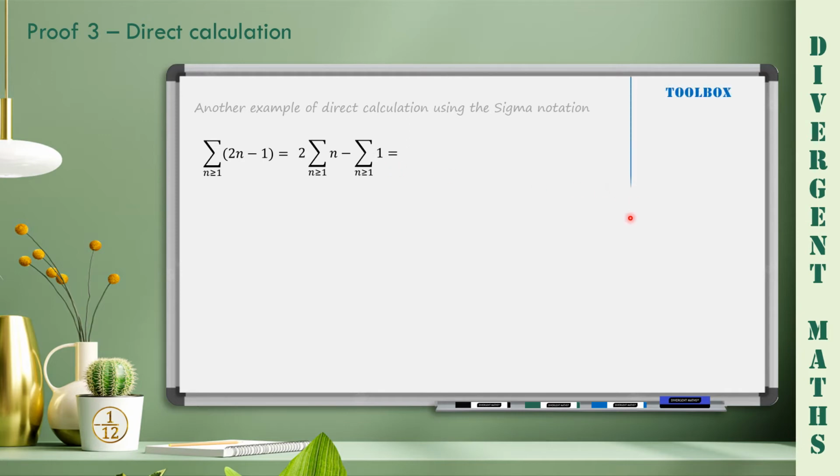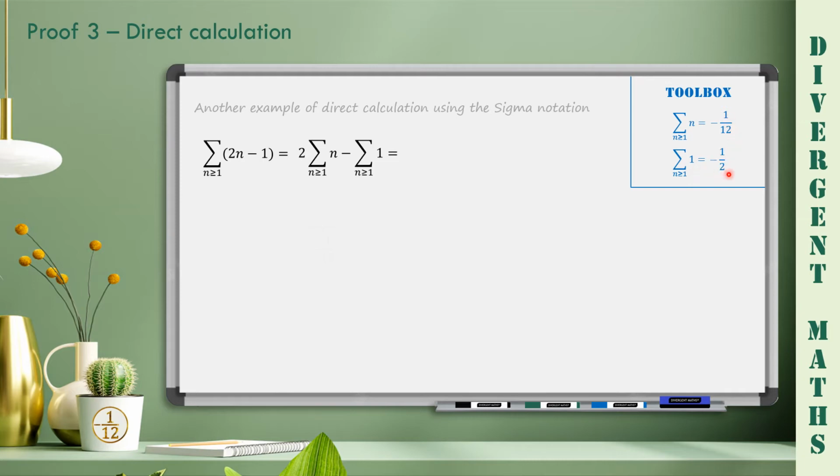So let's open a toolbox. What is the sum from n equals 1 to infinity of n, which is nothing else than the sum of the natural numbers? It is equal to negative 1/12. And what is the sum from n equals 1 to infinity of the constant 1, which is 1 plus 1 plus 1 plus 1 forever? It is equal to negative 1/2.